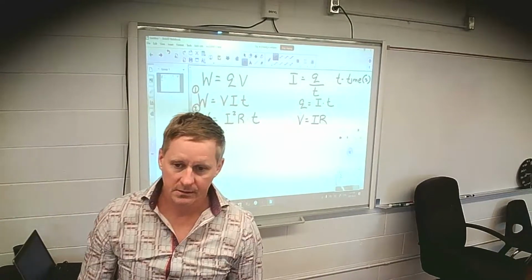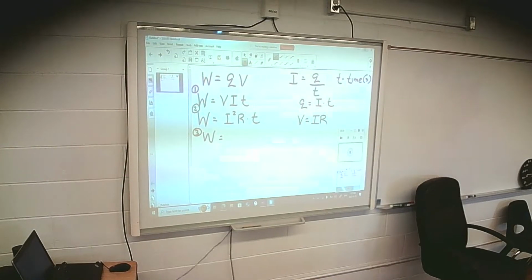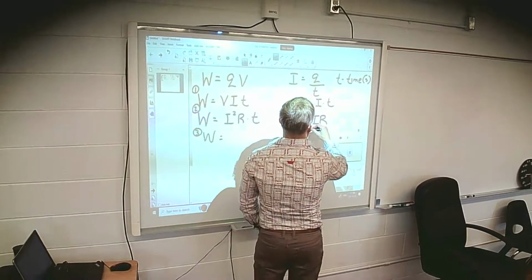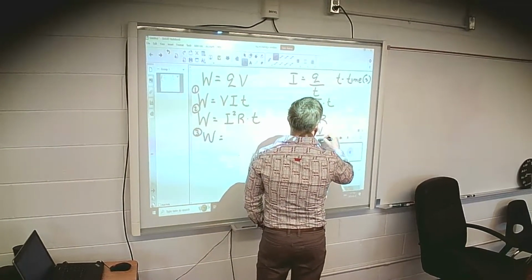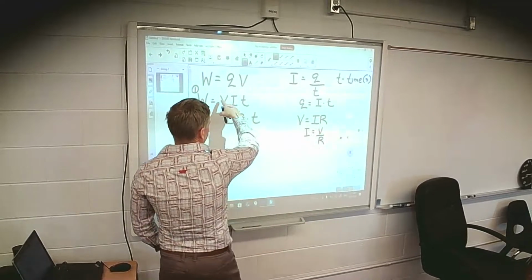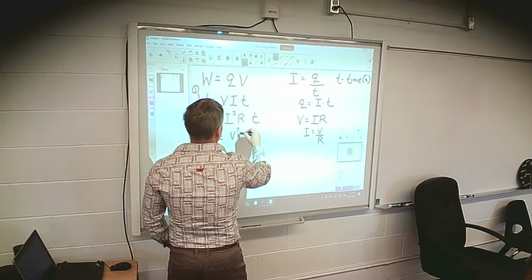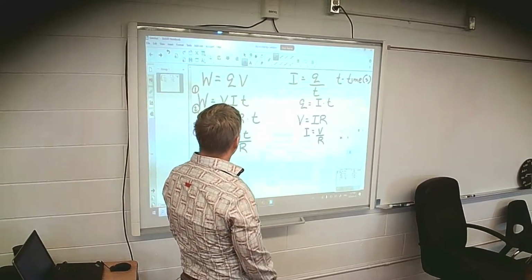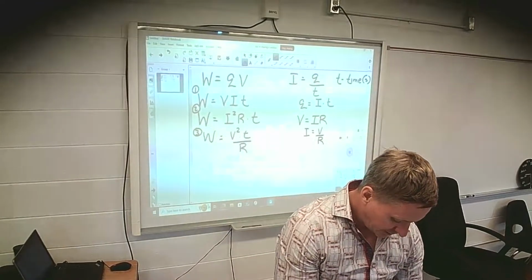Now maybe we don't know what the current is. We only know what the volts and the resistance are. So my current is equal to V over R. When I substitute it into VIT, I get V squared T over R. So that would be your 3rd equation.